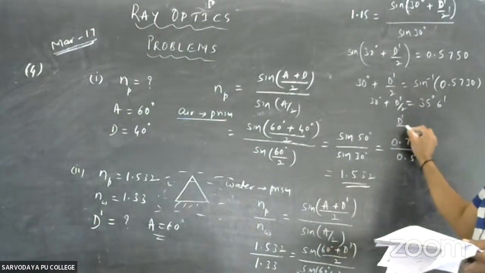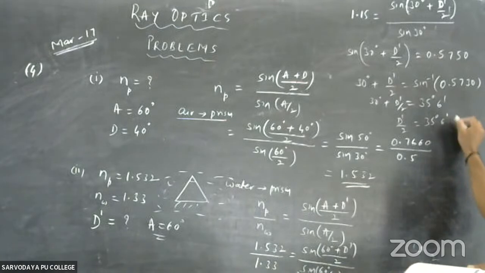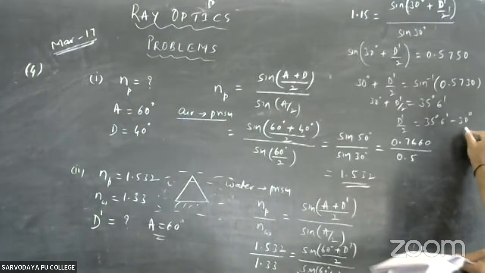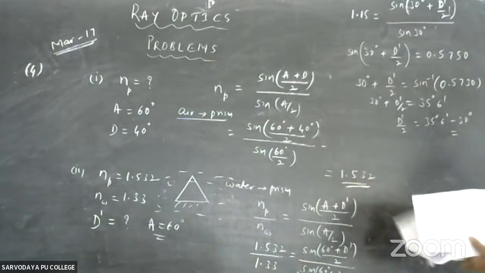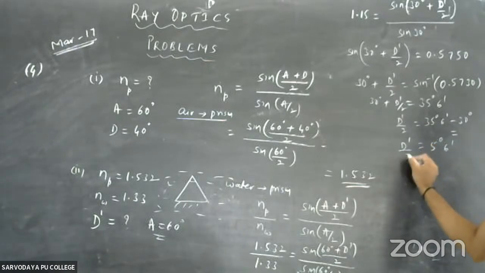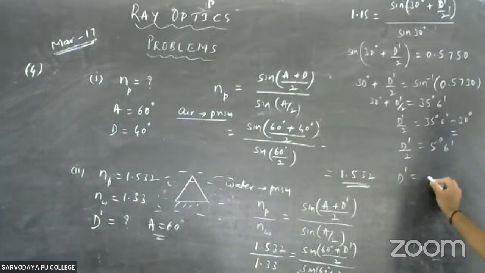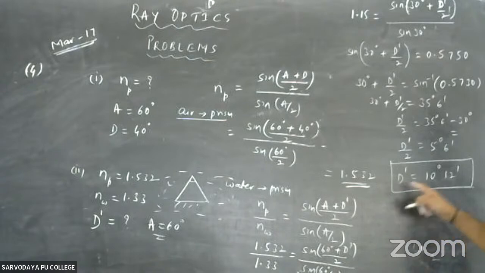Therefore, D dash by 2 is 35 degree 6 minutes minus 30 degree, which is 5 degree 6 minutes, and this is D dash by 2. Therefore, D dash comes out to be 10 degree 12 minutes. So this is the new angle of minimum deviation which we have been asked.